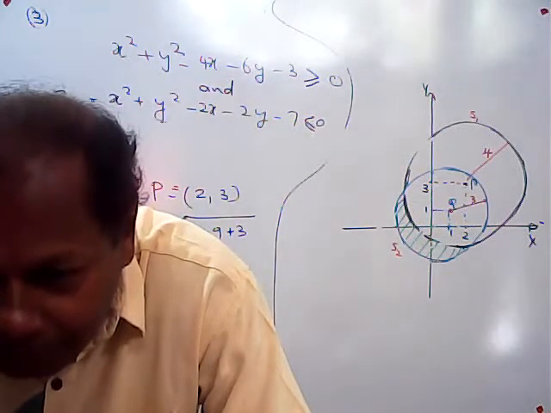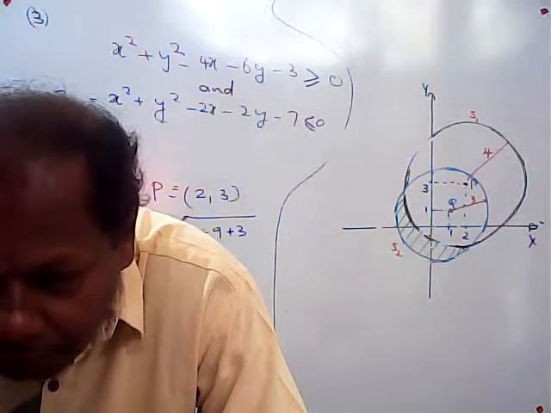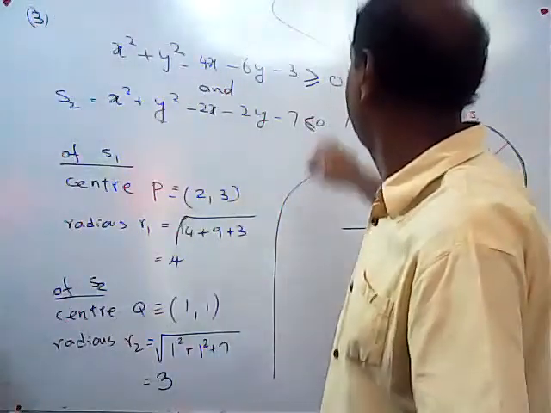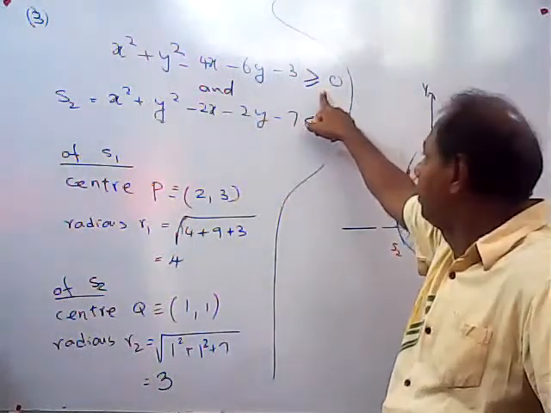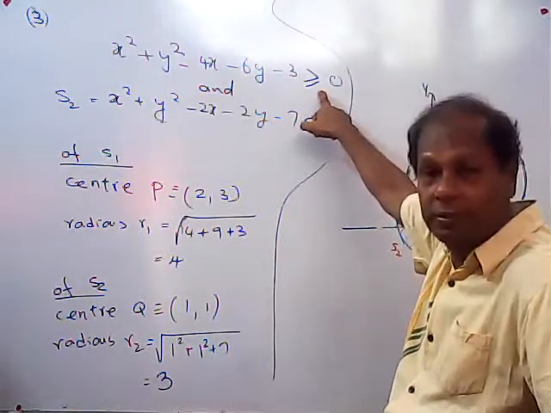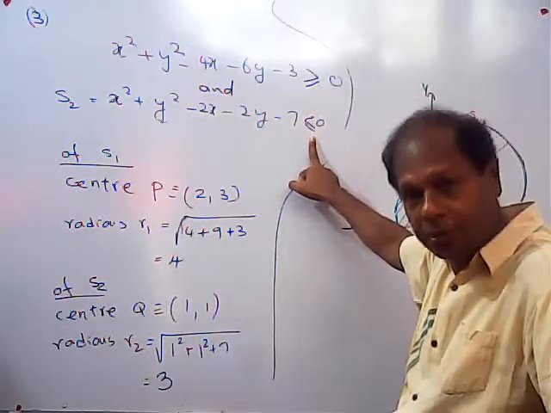Another question: should the circumference of S2 of the shaded part be a dotted line? No, because in the question, this one is greater than or equal to 0. That's why I told you it's including the boundary. Equal to 0 is there. Here also, less than or equal to 0, including the boundary.